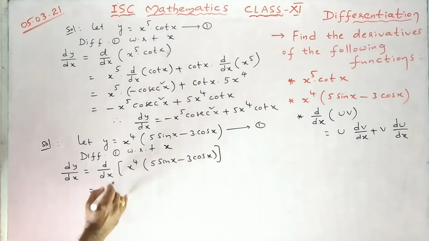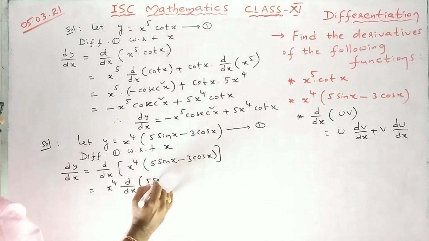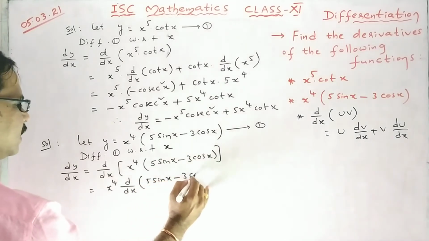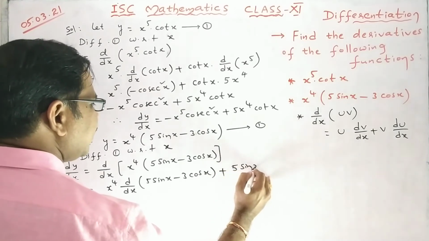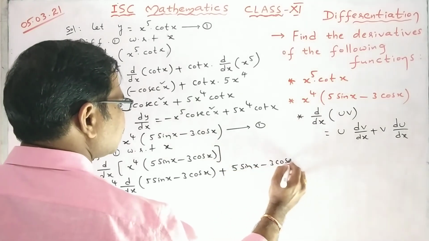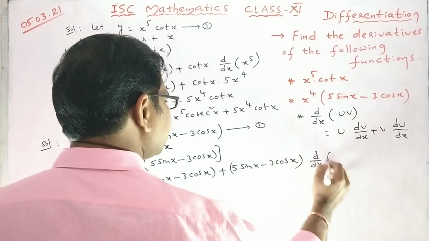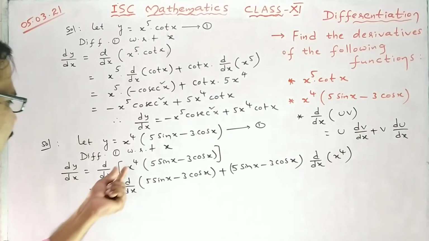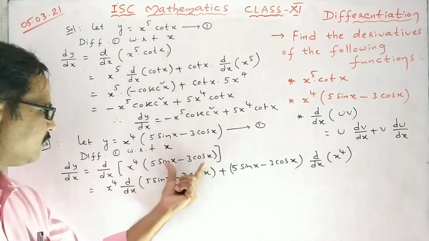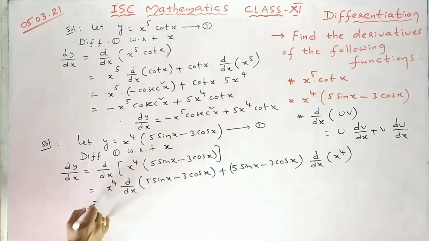So first function into derivative of 5 sin x minus 3 cos x plus 5 sin x minus 3 cos x into derivative of x to the power 4. uv formula: first function into derivative of second function plus second function into derivative of first function.